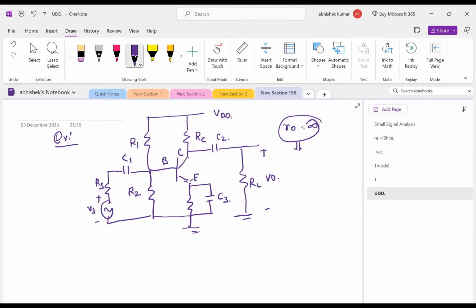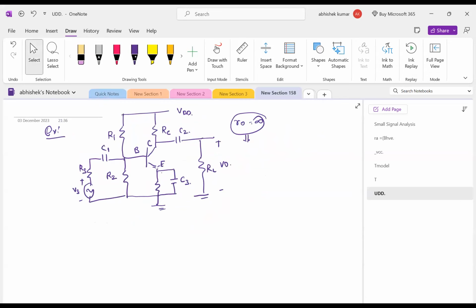This is your circuit. Now here they have asked you to draw the small signal model, and find input impedance, output impedance, and voltage gain. We have to find these.